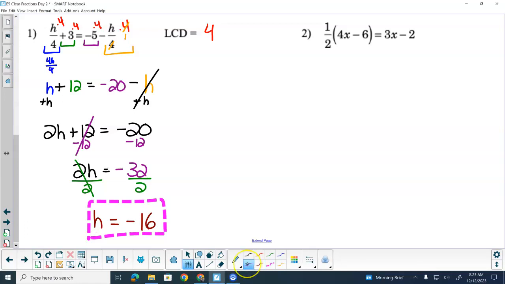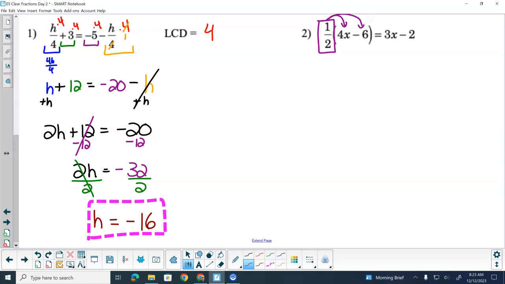So number 2's fraction is different because it's in that distributive spot. Okay? So I don't have to clear it yet. I got to follow my steps. The first step was I got to clear the parentheses. So 1/2 times 4x is 2x.